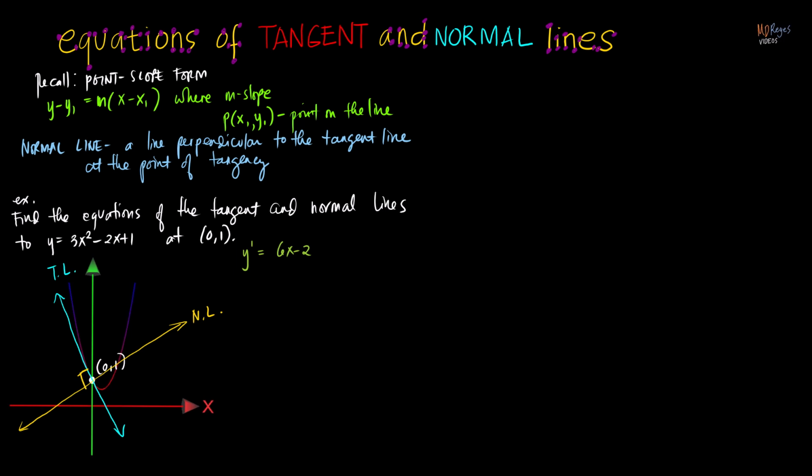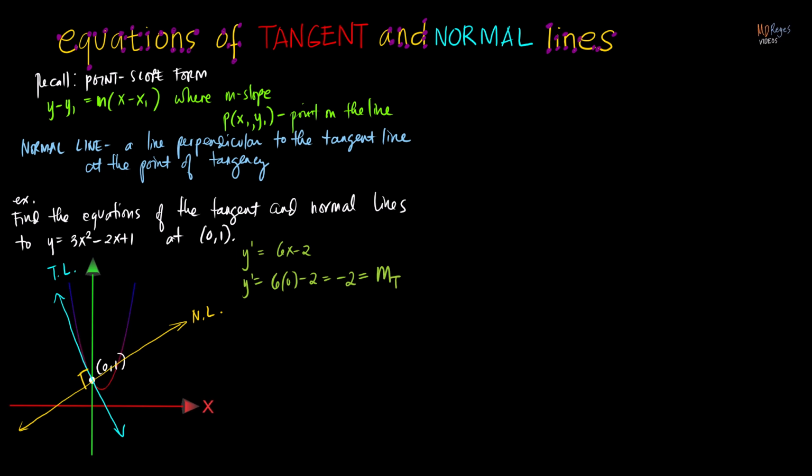Now if we want the slope of this specific tangent line, we'll just substitute the x coordinate of the point of tangency for x in y prime. So y prime is equal to 6 times 0 minus 2 at that point, which is equal to negative 2. So this is the slope m of the tangent line.